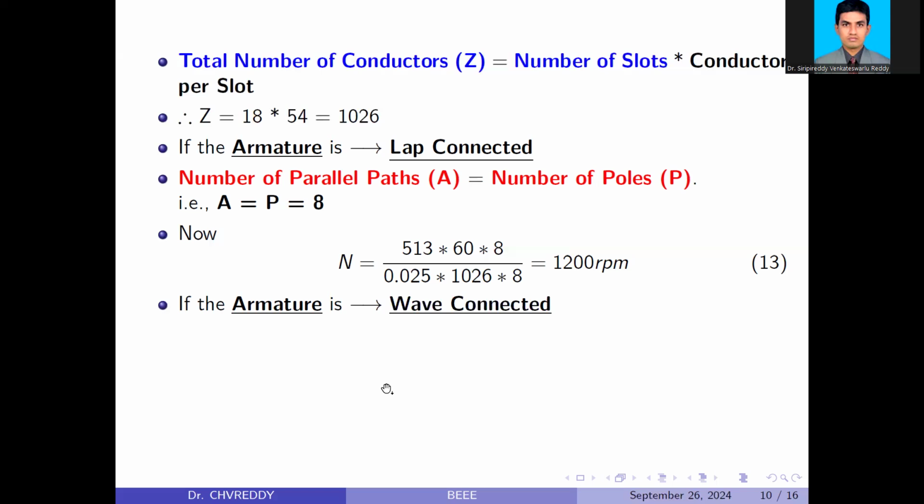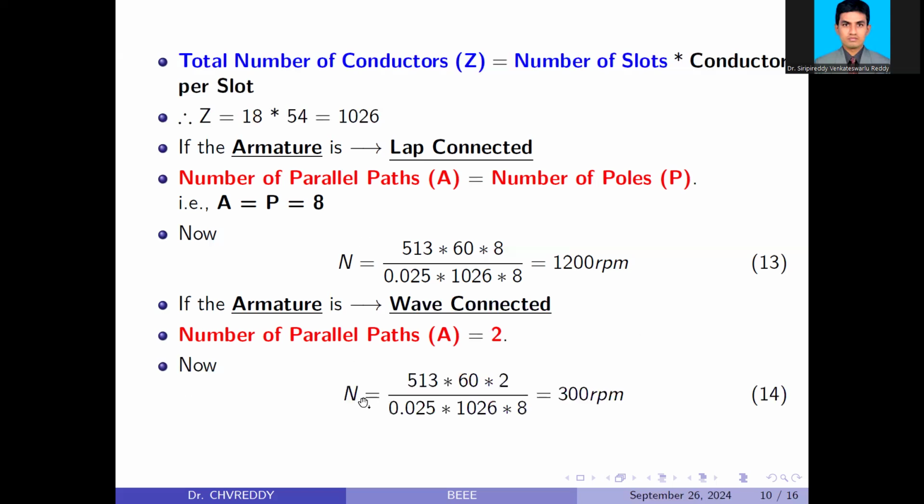The next one, if the armature is wave connected, in the wave winding we know the condition that the number of parallel paths A equal to 2 irrespective of the poles. So now the speed N equal to Eg, that is 513 into 60 into the A value.